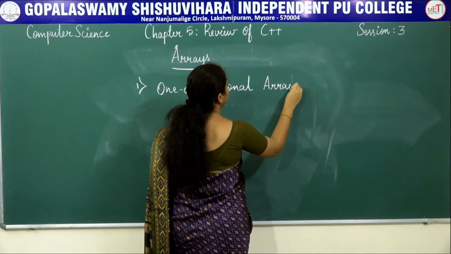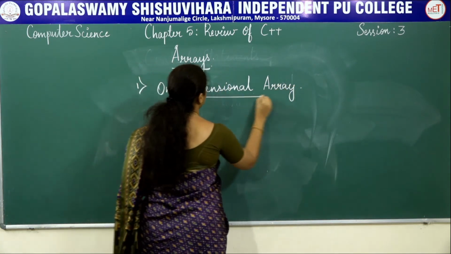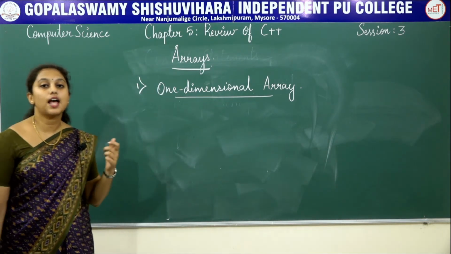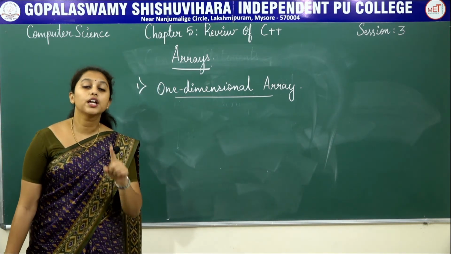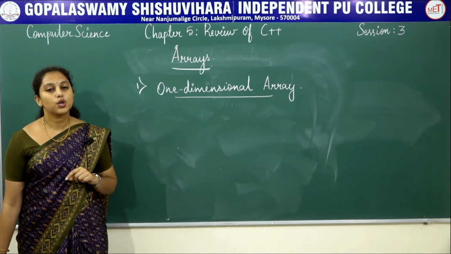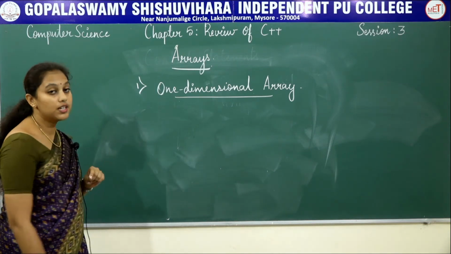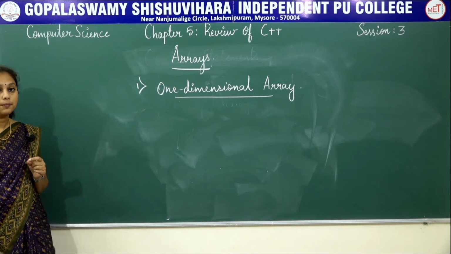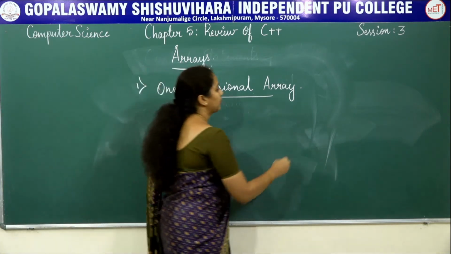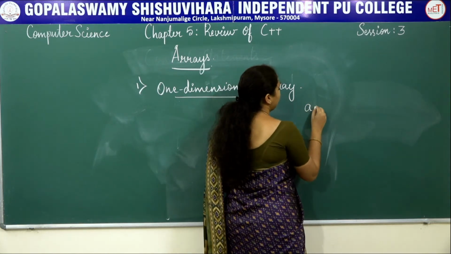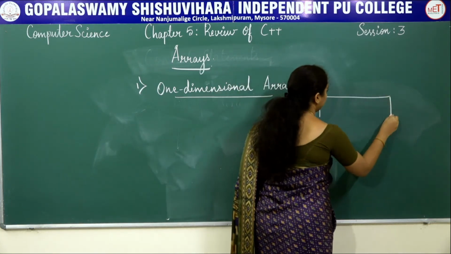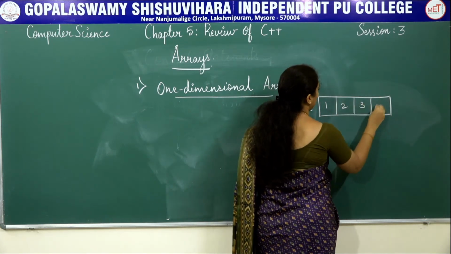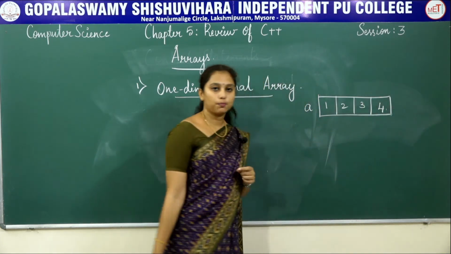What is a one-dimensional array? It is an array in which each element is accessed using only one subscript. What is the meaning of subscript? See, the name of an array is A and the size of the array is 4.